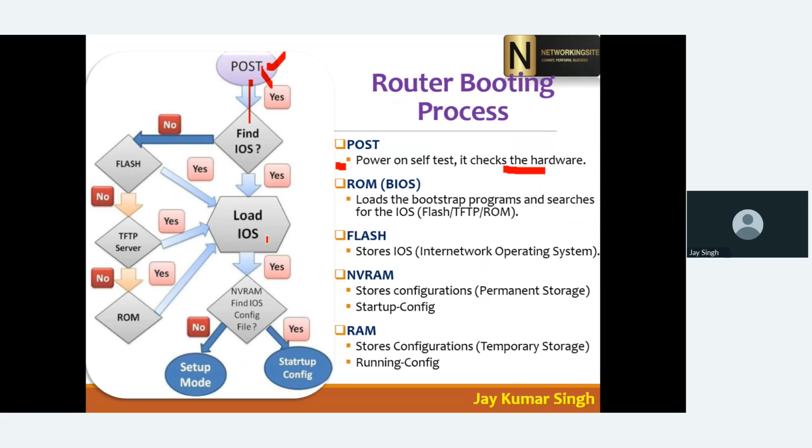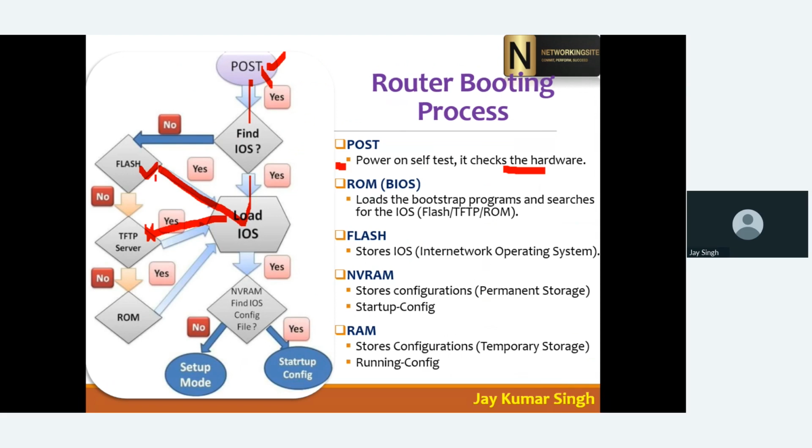Normally your IOS information is saved inside flash memory. If it will look for IOS, the Internetwork Operating System, then it will look for flash. Normally it is in the flash, but if you want, you can keep it on a TFTP server also, but let's leave this one for now.